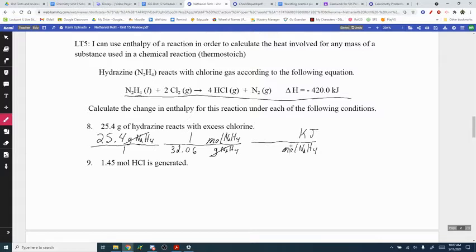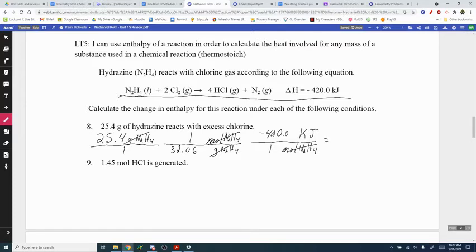This is the mole to energy ratio, so we're going to use our coefficients. Since the coefficient of N2H4 is 1, we're just going to put a 1 there. And kilojoules is our delta H, so that's negative 420.0 kilojoules. Moles of N2H4 cancel out. We're left with kilojoules. That is where we want to be.